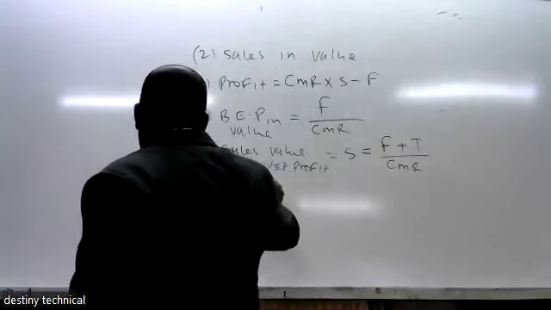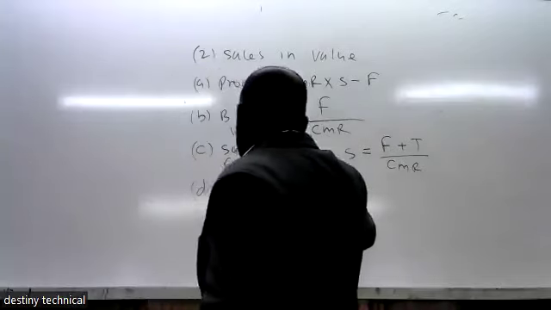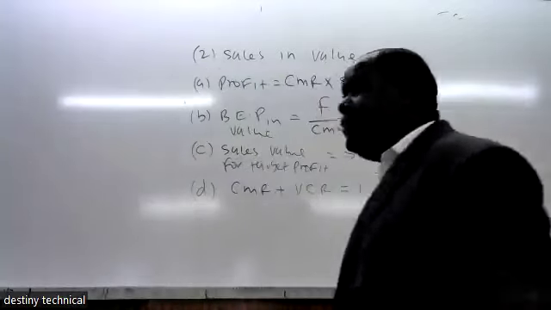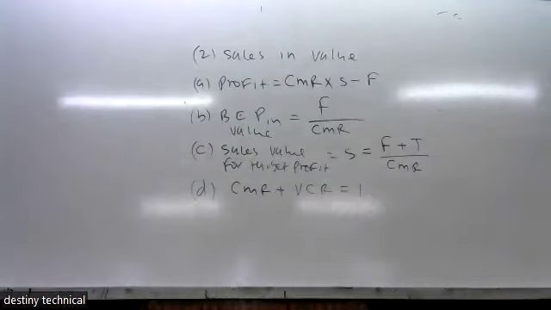Also, remember the contribution margin ratio plus the variable cost ratio should add up to 1.